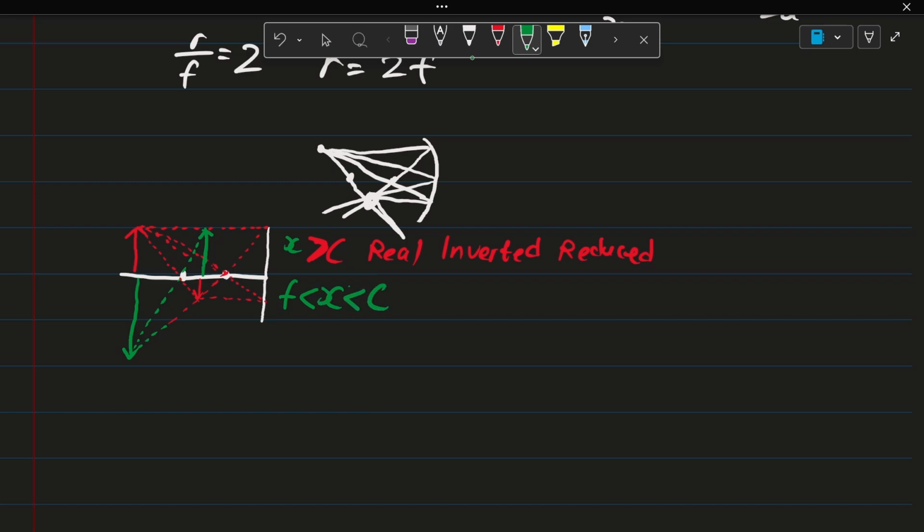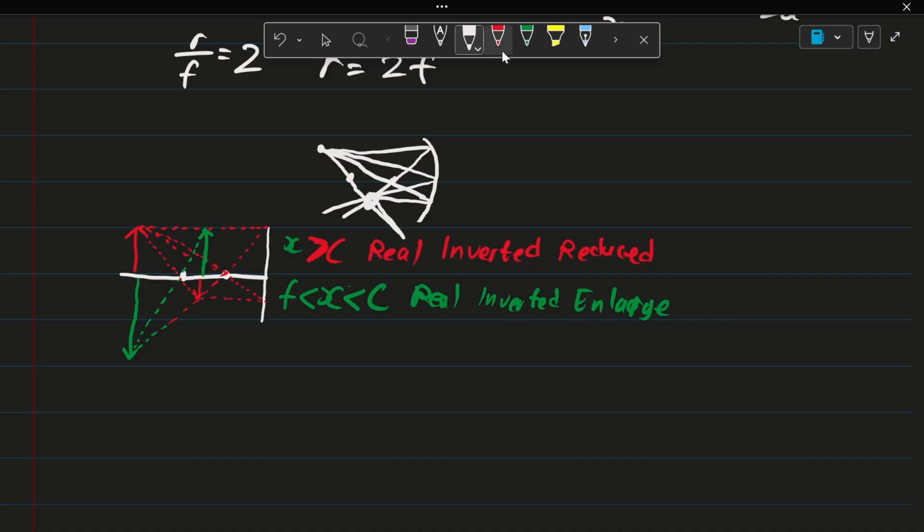So if you put your object between the focus point and the radius of curvature, what you have here is a real, inverted, enlarged image.